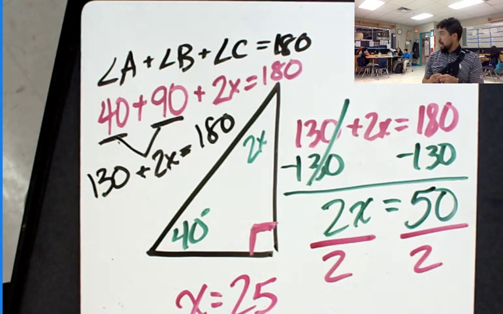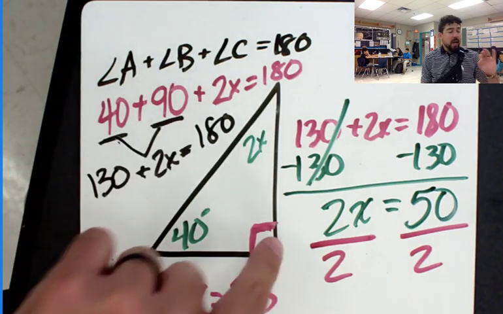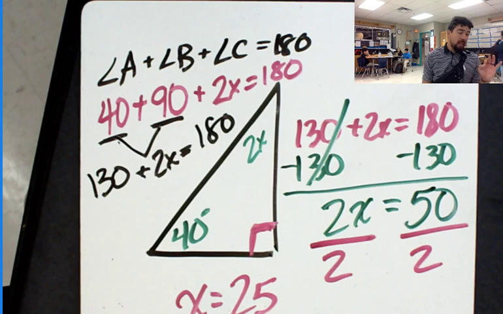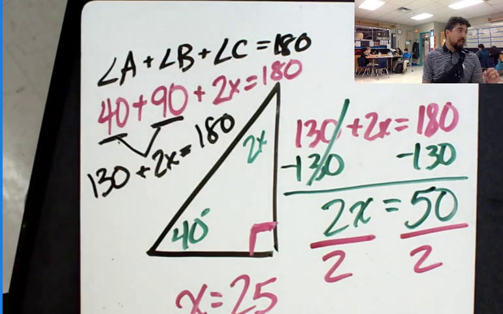So let's recap what we just did. What's the sum of all the angles of every single triangle, class? 180 degrees. So we know that when we add all three angles of a triangle up, they should equal 180. So whenever we have a missing angle or an x, we can write an equation with all three angles being added to equal 180 degrees.